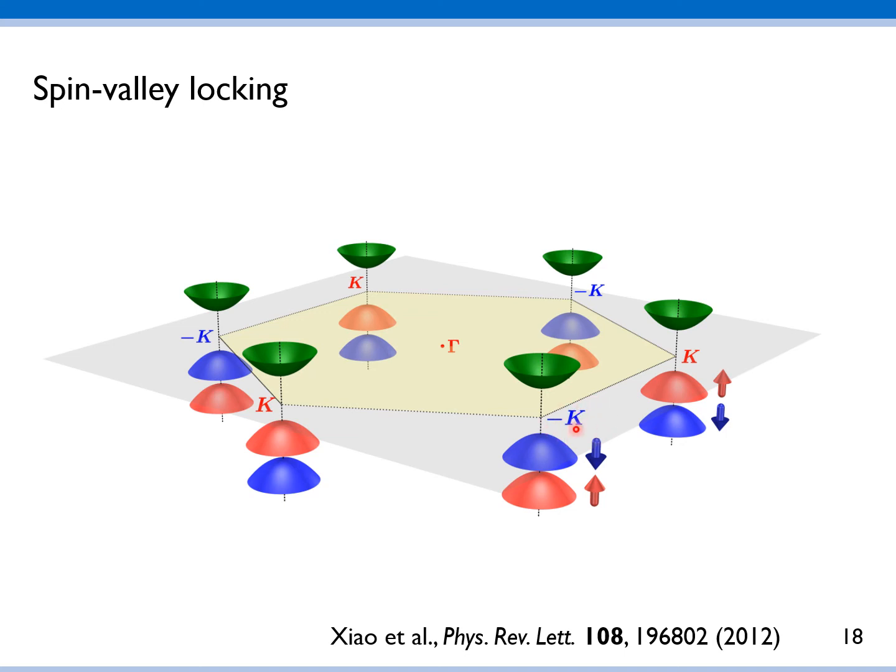So at the -K valley, the spin down band is higher in energy, and at the +K valley, the spin up band is higher in energy. This leads to the conclusion that our particles do not only have contrasting valley information, but they have matching contrasting spin information. And this phenomenon is called spin-valley locking.